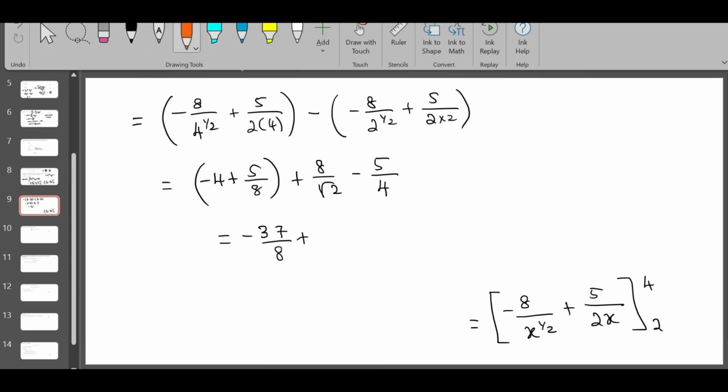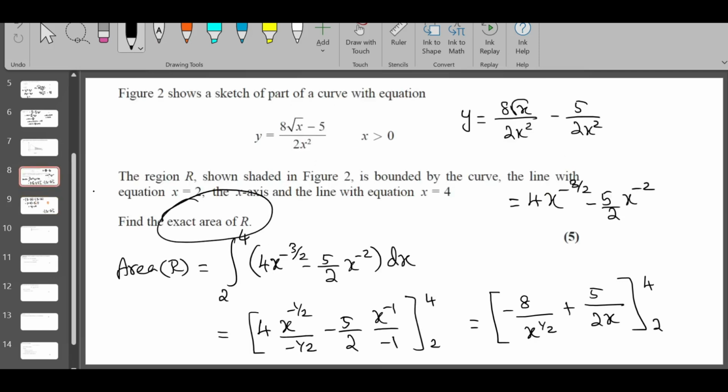When you rationalize the denominator, you will get 8 root 2 divided by 2, which is just 4 root 2. Do not change it to decimal. If you try to put everything in your calculator, you might get a decimal. But the question clearly says exact area, so do not change it to decimal. So this is the answer.